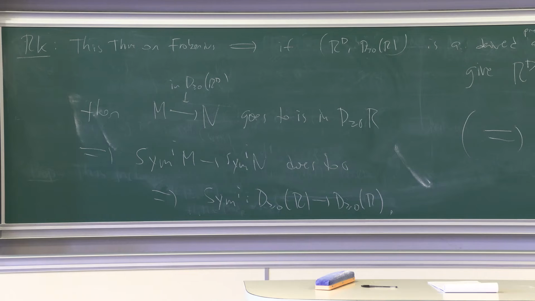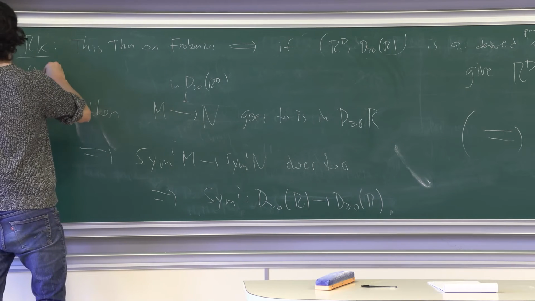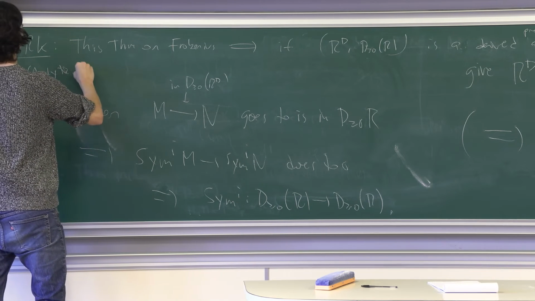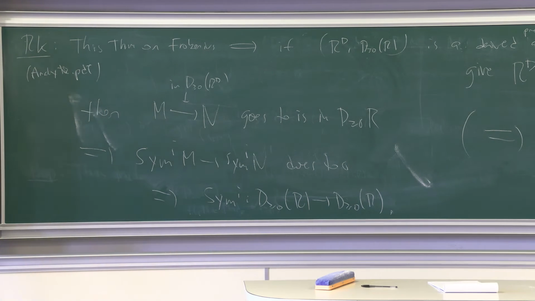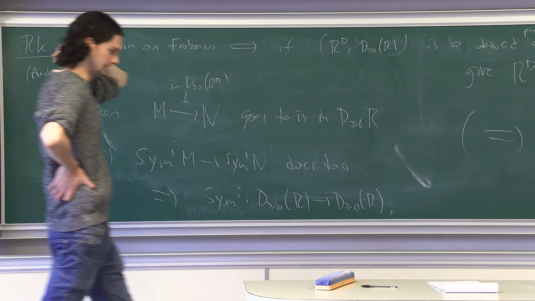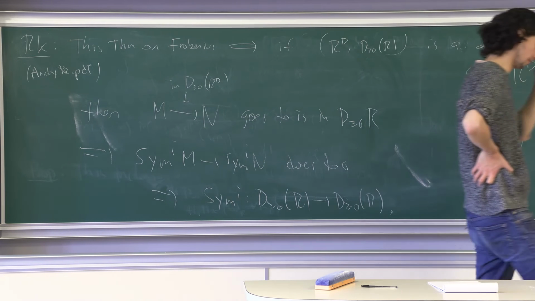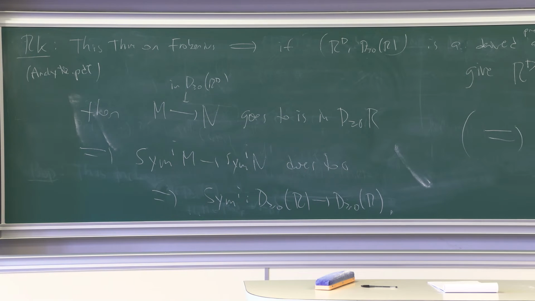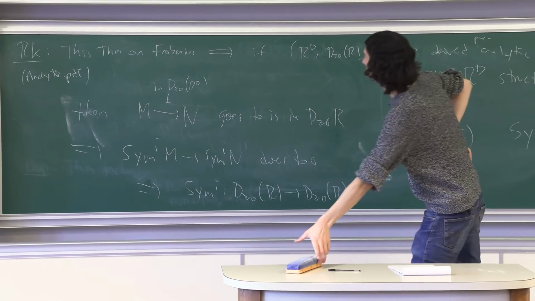The argument for this can also be found in analytic.pdf. For this deduction from the statement about Frobenius to the statement about symmetric powers, it comes from a calculation of what Dold-Puppe did about these so-called stable derived functors of the symmetric power functors.